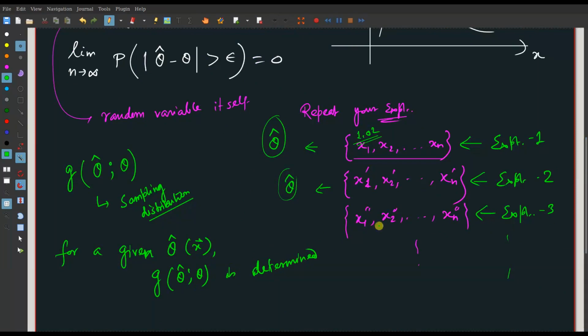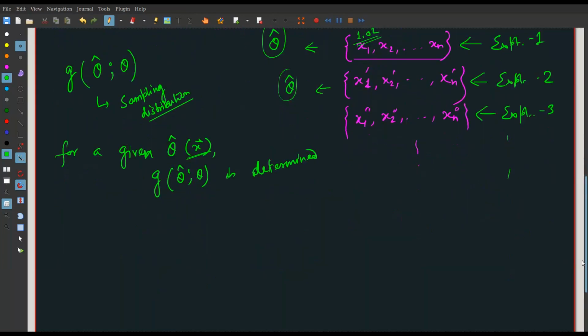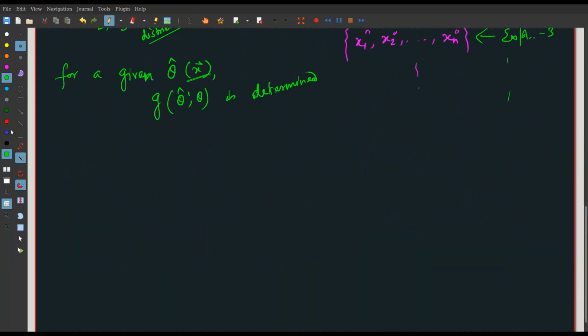Now if you choose a different functional form of this estimator, then you will get a different distribution. So let me draw a sketch of those distributions in this way.